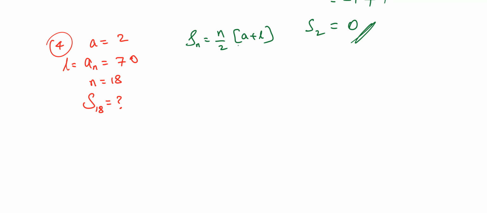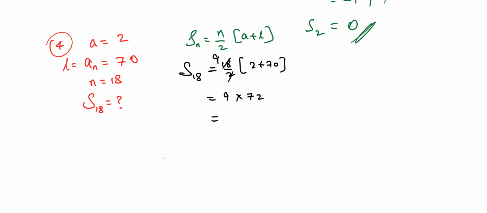Substitute in this, you will get the answer. Got it? Understood? We know the first term, we know the last term, we know the number of terms. Substitute, get the answer. Sum of 18 terms: 18 by 2 into 2 plus 70, correct? 2 ones are 2, 2 nines are 18, 70 plus 2, 72.